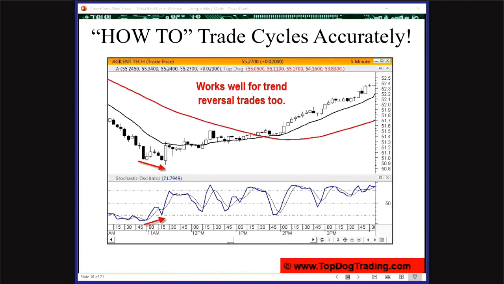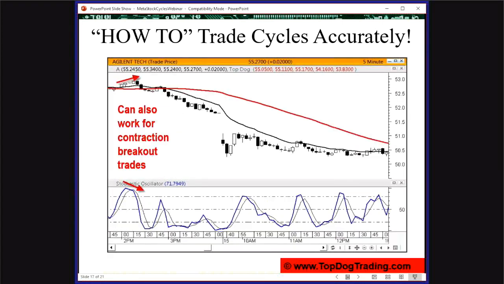Did you know that trend reversal trades have the best risk reward ratio of any trade in the world? Better than trends, because we're getting in before a new trend starts. It can also work for contractions and breakouts. A lot of people always ask, how do we know when the market's going to break out when it's in a sideways movement?